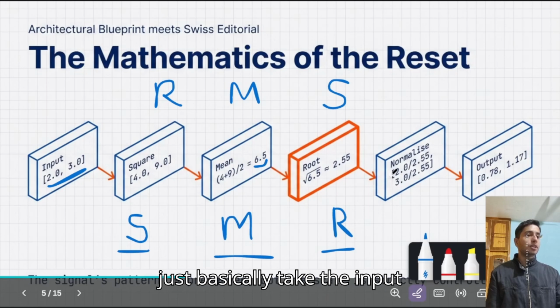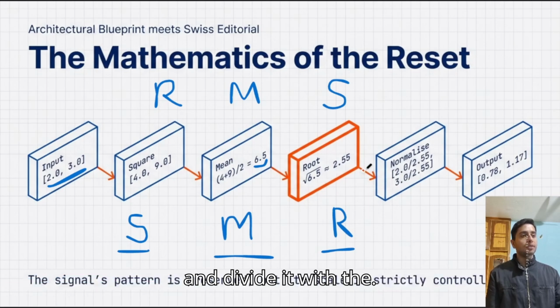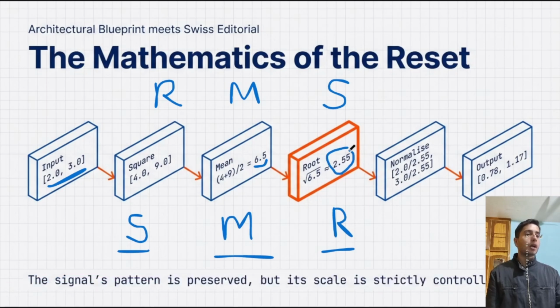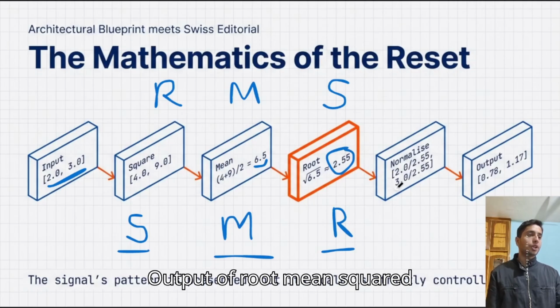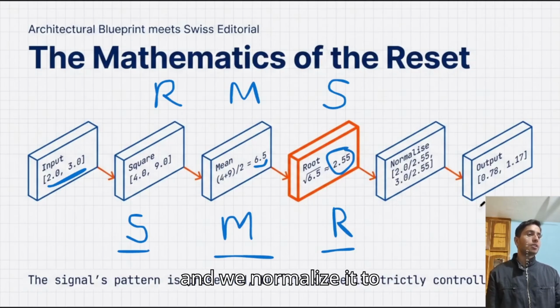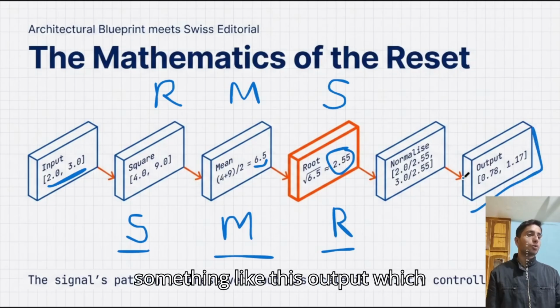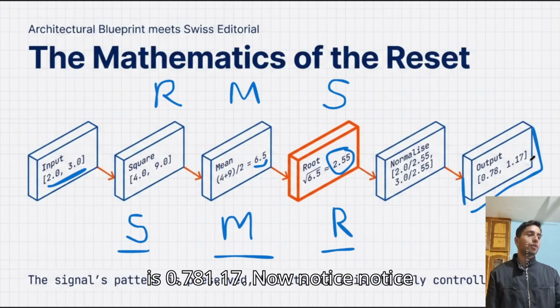We basically take the input and divide it by the output of root mean square, and we normalize it to something like this output, which is 0.78, 1.17.